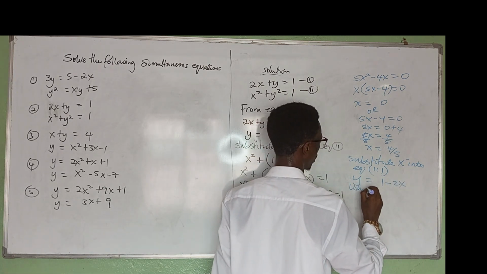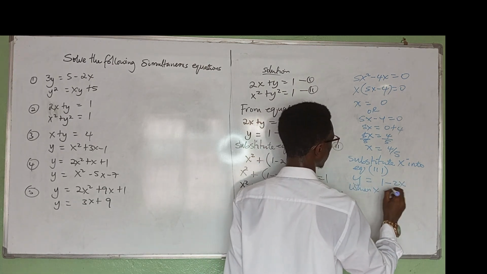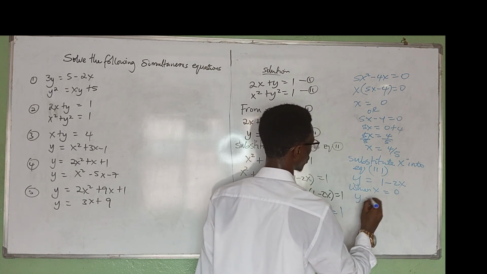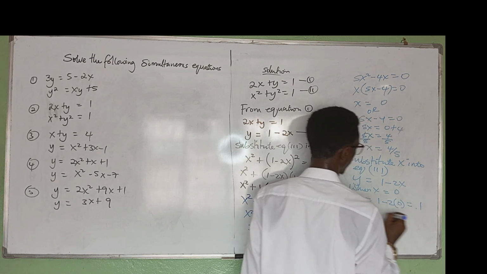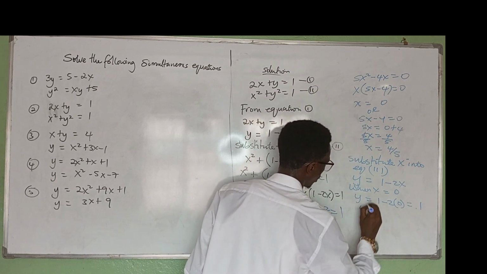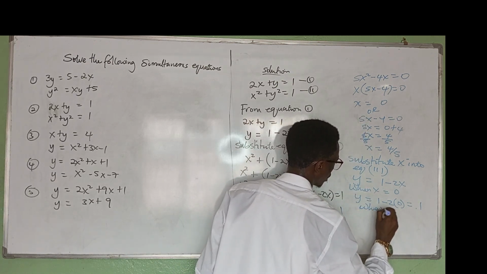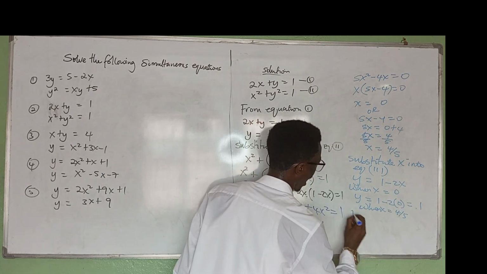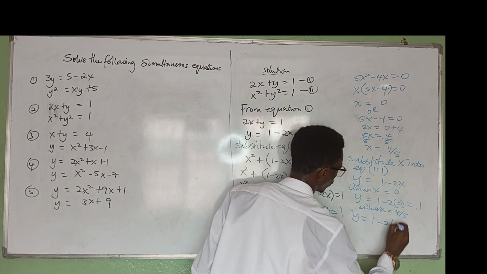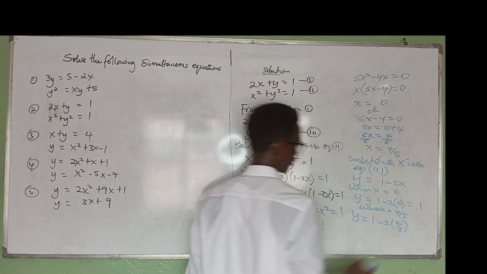So when x is 0, your y is going to be 1 minus 2 into 0, which gives you 1. And the other one, when x is 4 over 5, your y is going to be 1 minus 2 into 4 over 5.